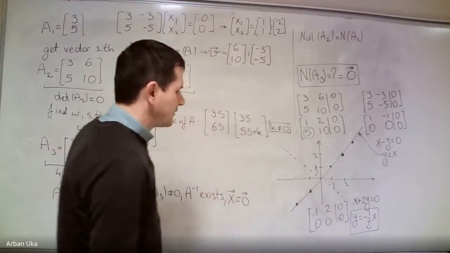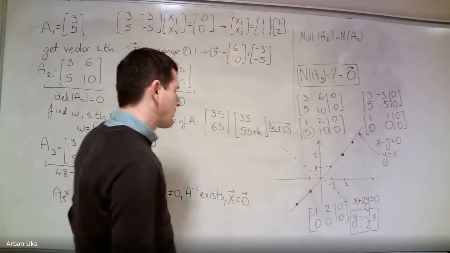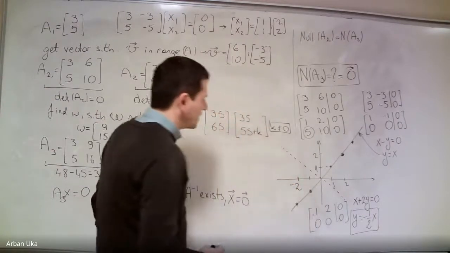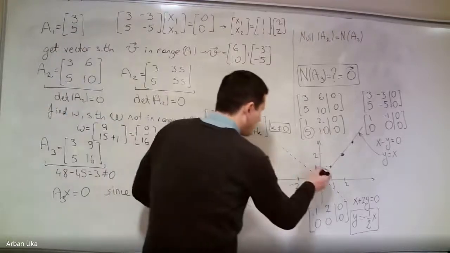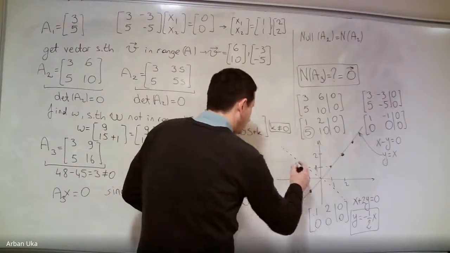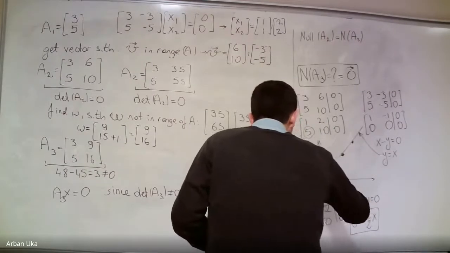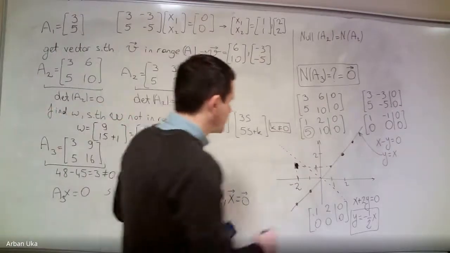Let's say x is equal to minus 2. What is y? If x is minus 2, what is y? It's 1. That's true. Can you give me another point? X is 0. What is y? 0.